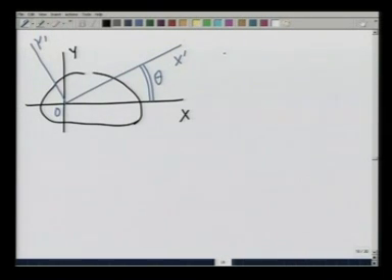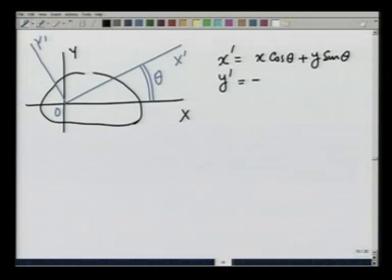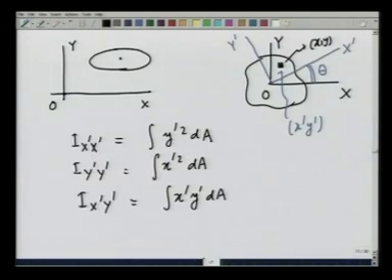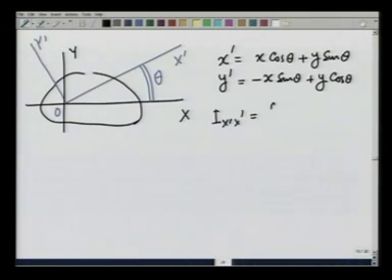We know from our previous lectures that x prime for a given point is equal to x cosine of theta plus y sine of theta. Similarly, y prime is equal to minus x sine of theta plus y cosine of theta. Using these, let us find what I x prime is. From the previous slide, we know this is equal to integral y prime square dA, where dA is a small area chosen.